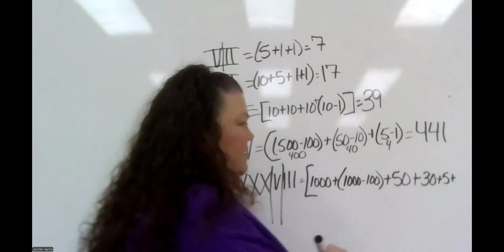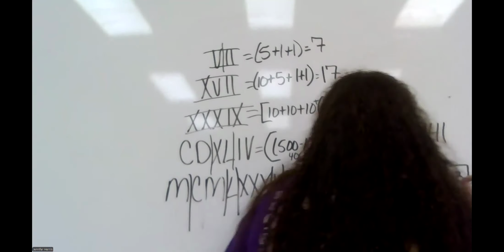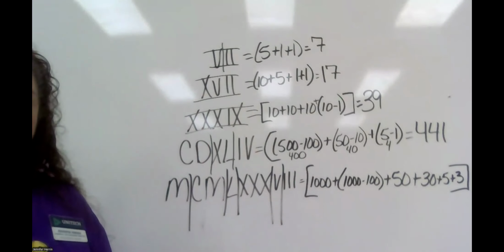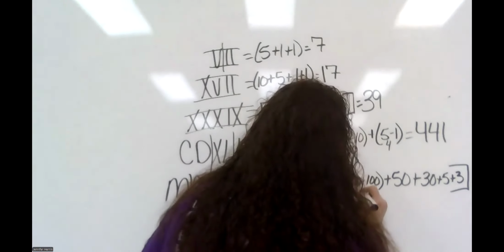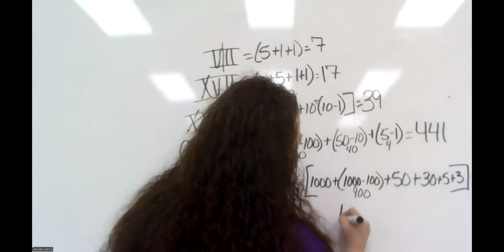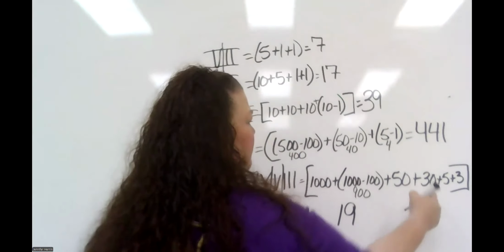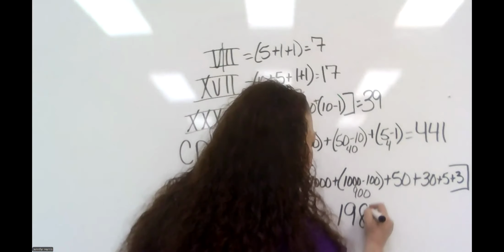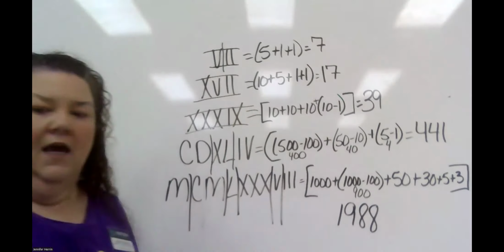I represents 3. So again, I need to do the subtraction that occurred here first. So this becomes 900. So 1,000 plus 900 is 1,900. Plus 50 plus 30 is 80. Plus 5 plus 3, 1988.